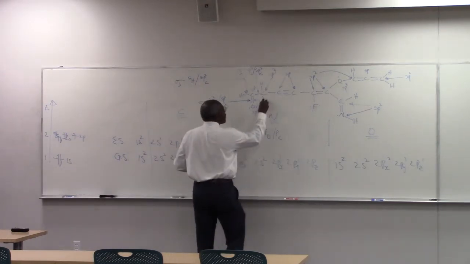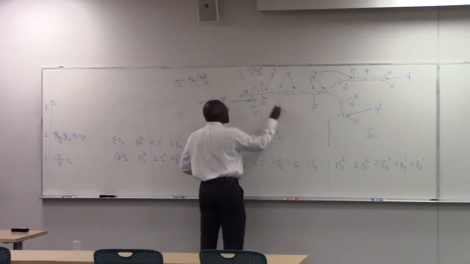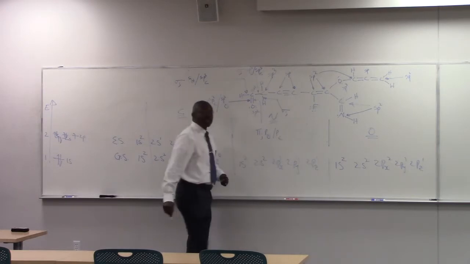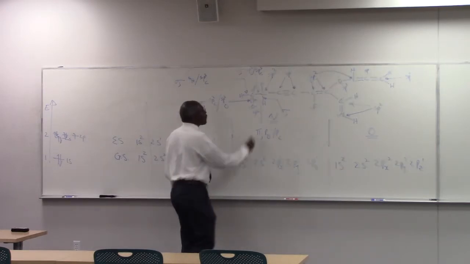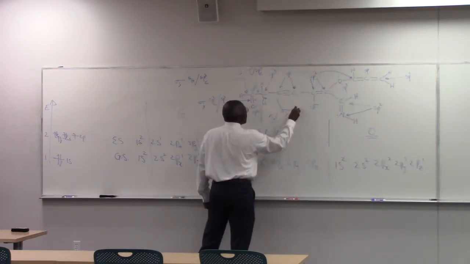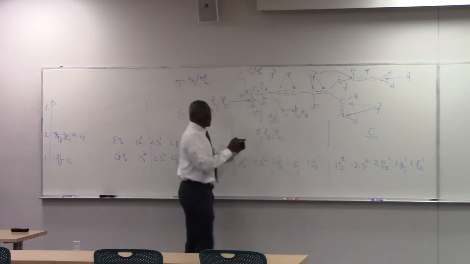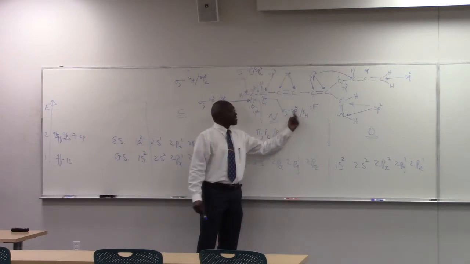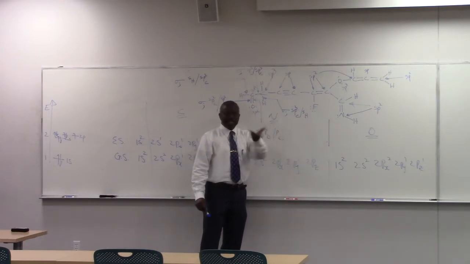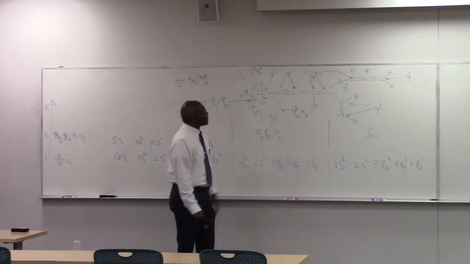What is the nature of this bond? That's a sigma bond, because all single bonds are sigma. It's formed by the sp3 of a carbon and the s of an H. It doesn't matter who I put first; I could have said s of H and then sp3 of carbon. The sequence doesn't matter, just who they are.